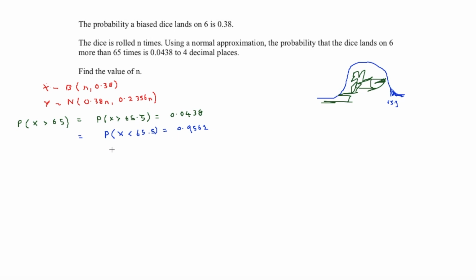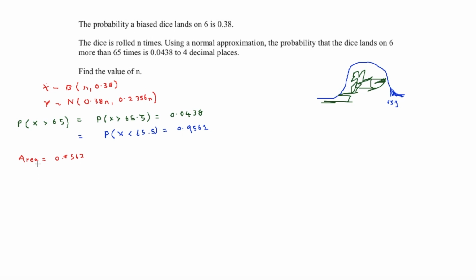Now what we need to do is start using the inverse normal. We're going to take the inverse normal of this area which you just worked out, 0.9562, and we're going to be finding a z value. If you don't know this, it's what we looked at last video, so go and watch that first if you don't understand all about z values.